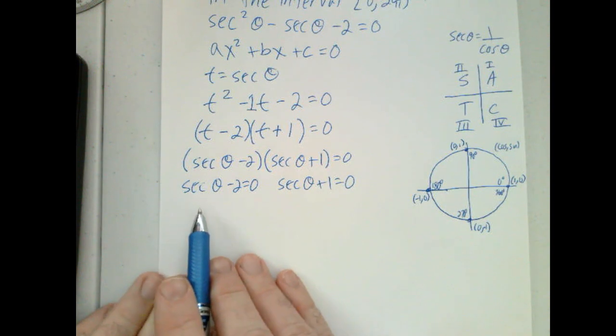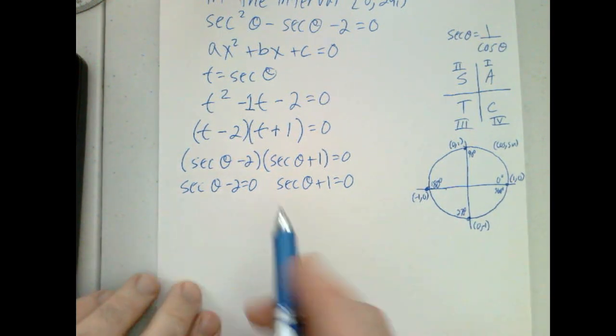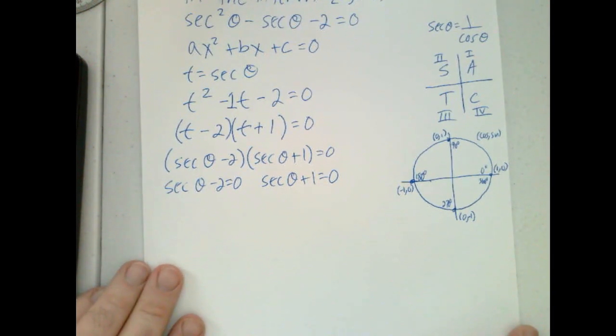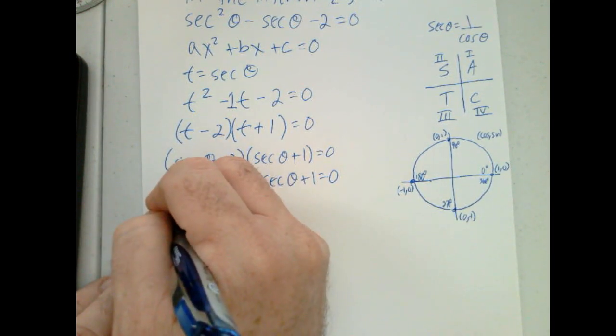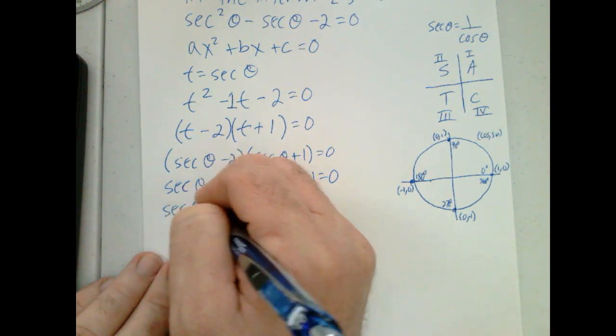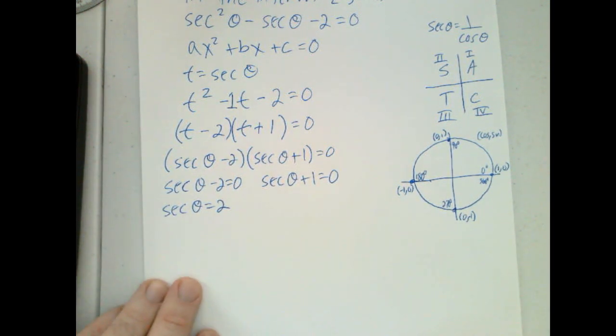Okay, then we'll start working on secant theta minus 2 equals 0. We're going to move the 2 to the right side of the equal sign. So that gives us secant theta equals 2.